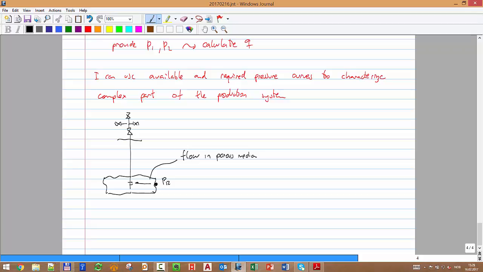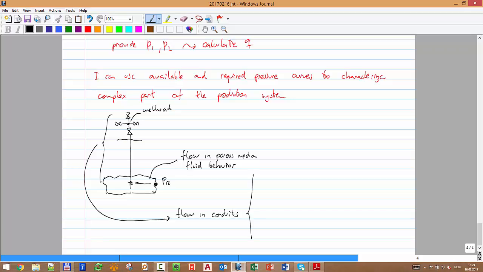So I have fluid behavior until I reach the bottom of the well. Now, in this section, all the way to the wellhead, what do we have? We have flow in conduits, in a piece of pipe.